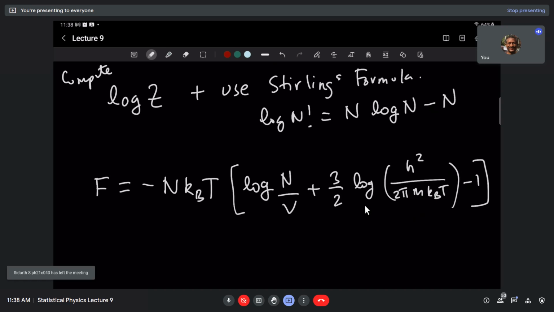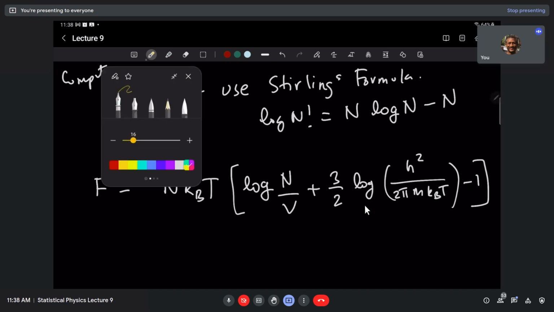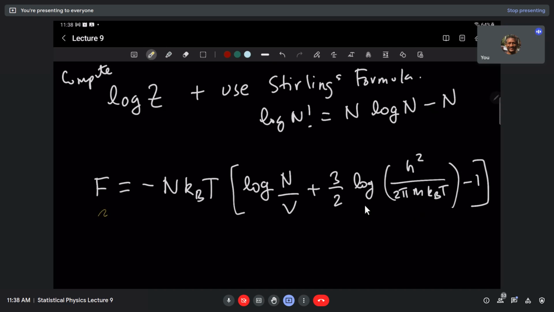And so now you will see why the n factorial is important. We'll go back to thermodynamics. This is an extensive function, and so this factor of n makes sense. But whatever is in the square brackets should be intensive. So if you scale n and v together, that should cancel.